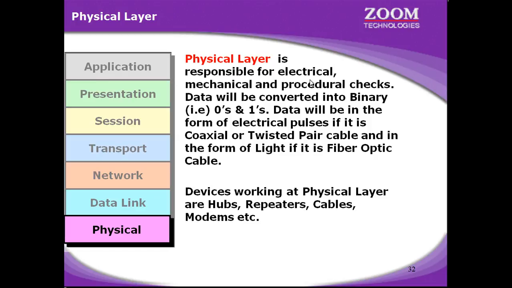Here I am mentioning coaxial cable, twisted pair cable, and fiber optic cable, which work on the physical layer. The devices working on the physical layer are the hub, repeater, cables and modem. These are the devices which work on the physical layer.